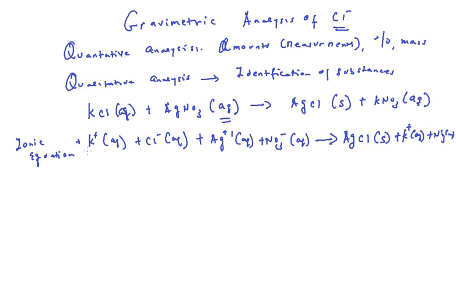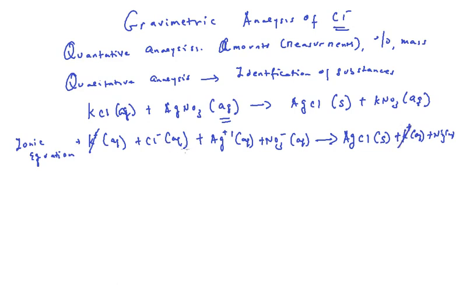Now we need to identify the spectator ions. Spectator ions are the ones you have on the reactant side and at the same time on the product side. We're going to eliminate those ions. From this we're going to remove the spectator ions: potassium on the reactant side and potassium on the product side.